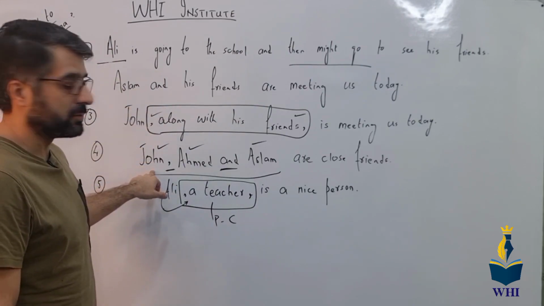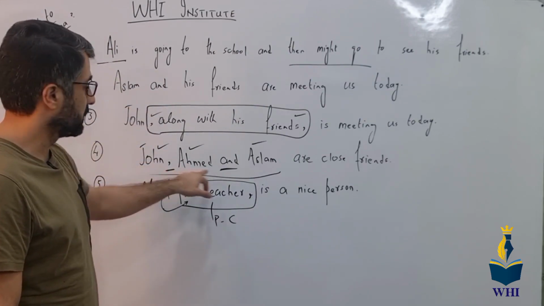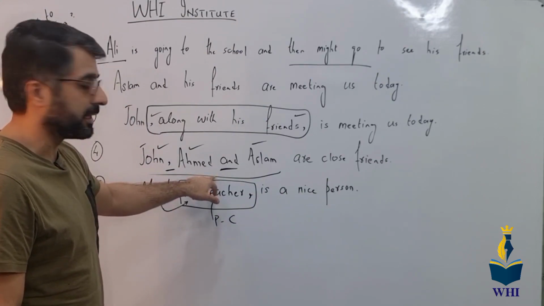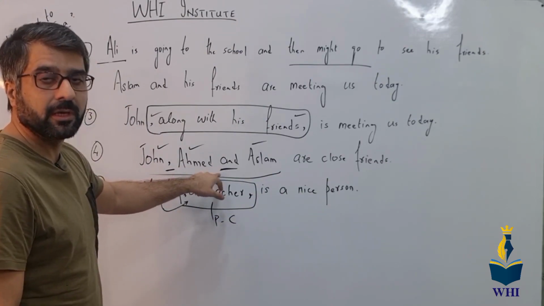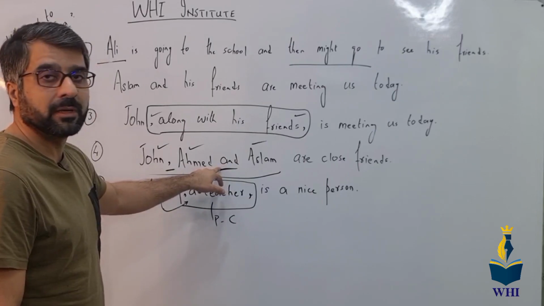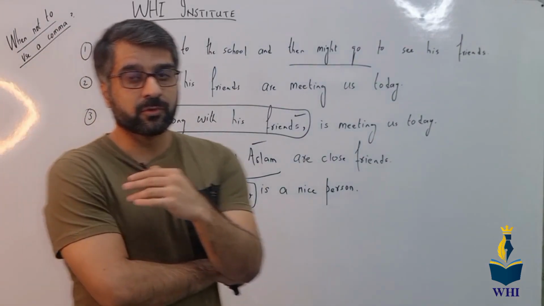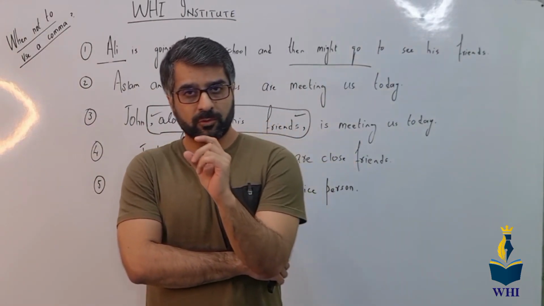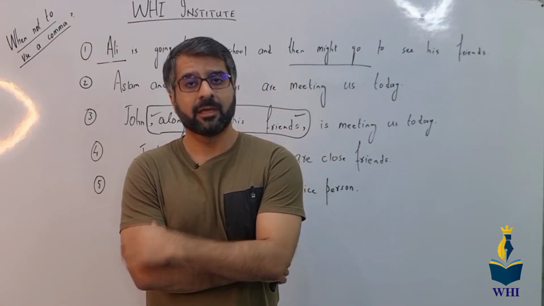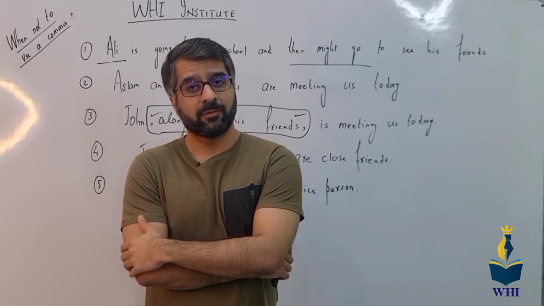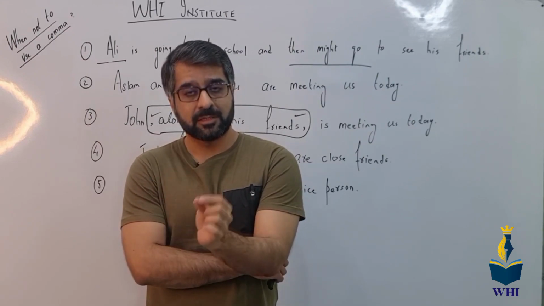Similarly, if we join together three nouns in place of the subject with the help of a coordinating conjunction, we also don't put a comma here. So these are the rules regarding the use of comma, and I hope you have now developed a very clear understanding where we have to put a comma and where we can skip it, especially in case of coordinating conjunctions.